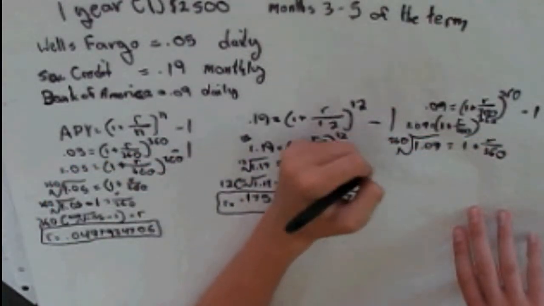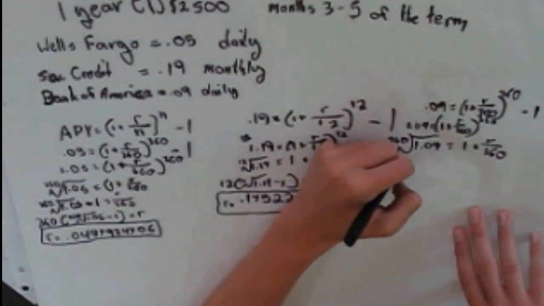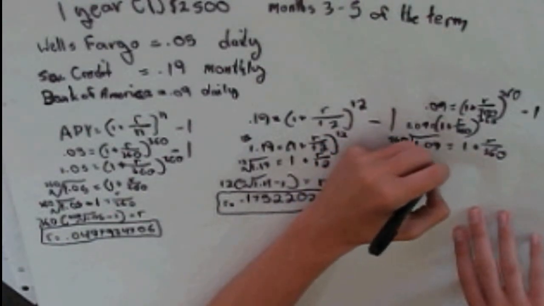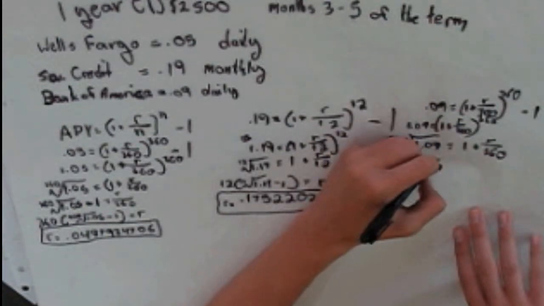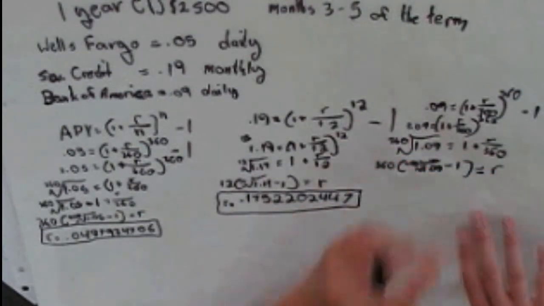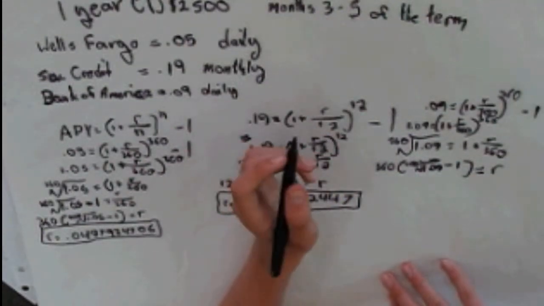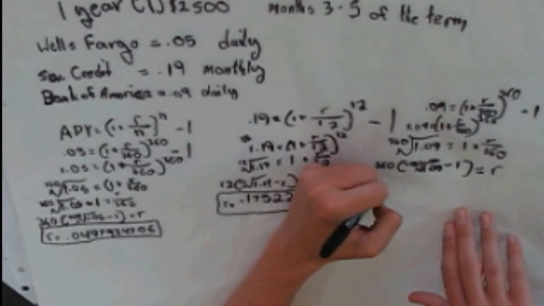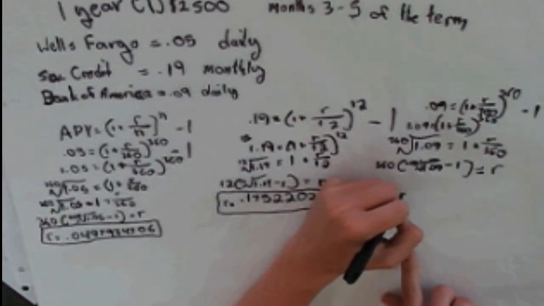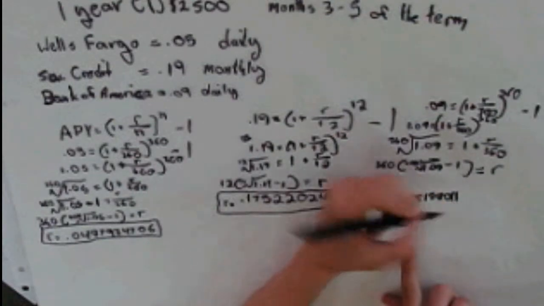And so you're going to subtract 1 and multiply by 360. So 360 times the 360th root of 1.09, minus 1. And that's going to equal R. And the R value that you get after you plug that whole thing into your calculator is 0.086188011.